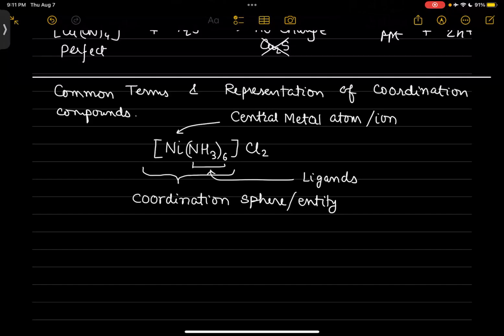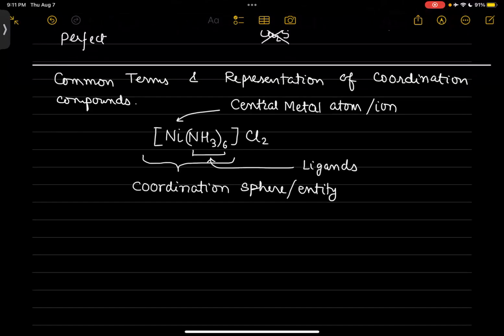So let me tell you what these central metal atom or ion are. What is the coordination sphere or entity? You can write the definition as I dictate. Coordination sphere or entity is basically everything which is included in the square bracket.